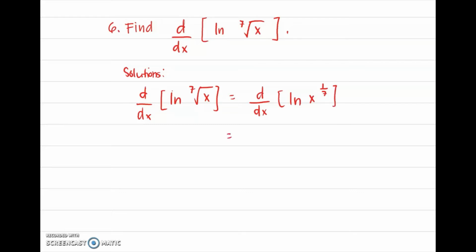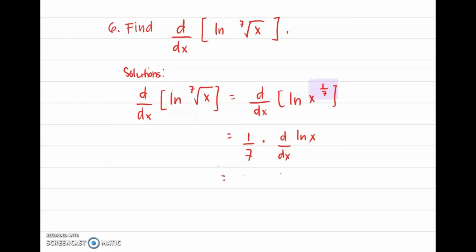Okay, now here we take our exponent and move it to the front. So we have 1 over 7 times the derivative of ln x with respect to x.